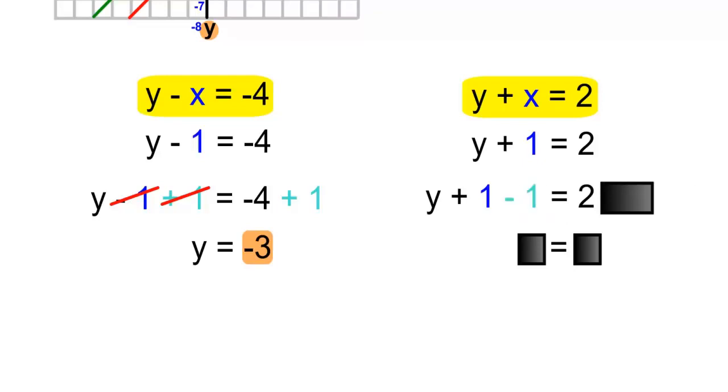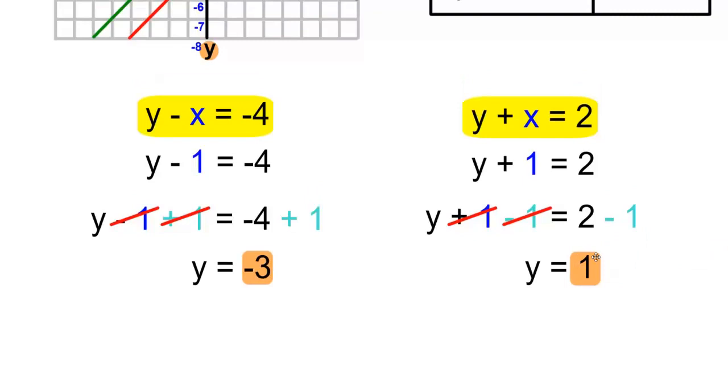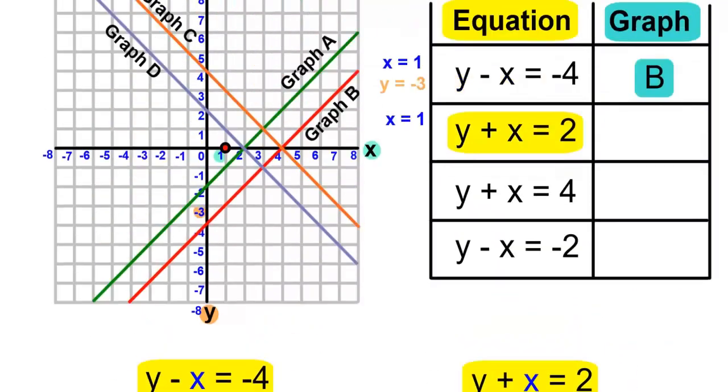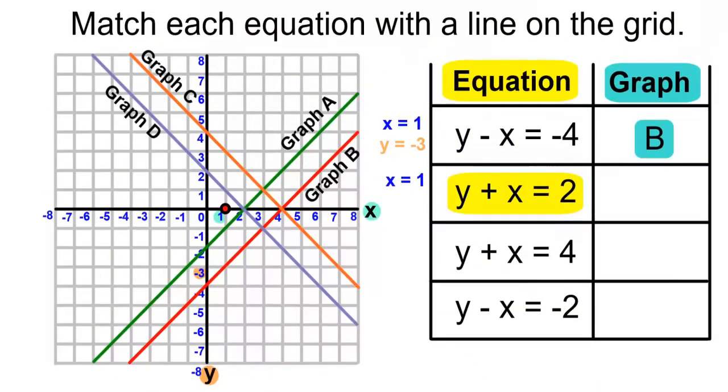To remove the plus 1, we'll subtract 1. Do that to both sides. The plus 1 and minus 1 cancel, leaving us with Y. And 2 minus 1 is 1. So for this equation, when X is 1, Y will equal 1.